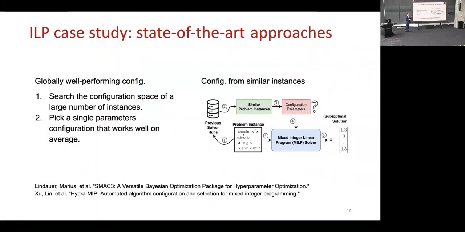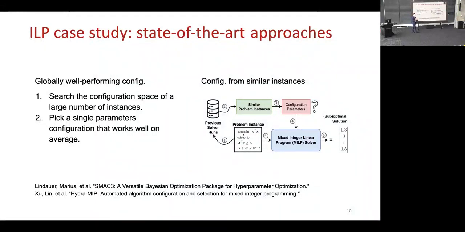If you look at the previous algorithms, there are hyperparameter searching algorithms, like Bayesian search, that try to find a good configuration that works on a distribution of instances. And there is another technique, which I will describe today, that's similar to what we're doing. I get a new problem instance. I've already solved offline a few problem instances in the past, and I figured out the best configuration for each one of them.